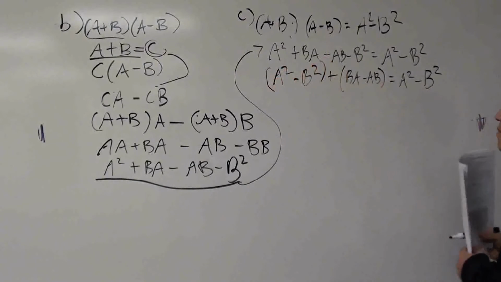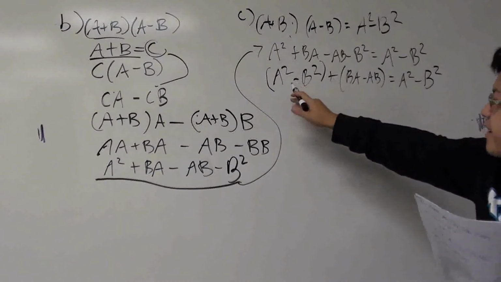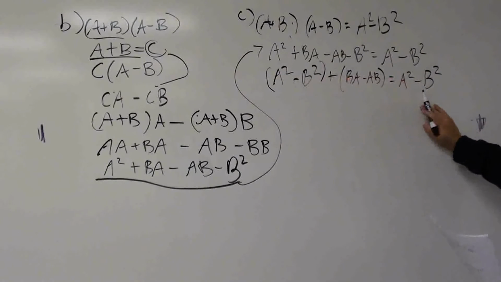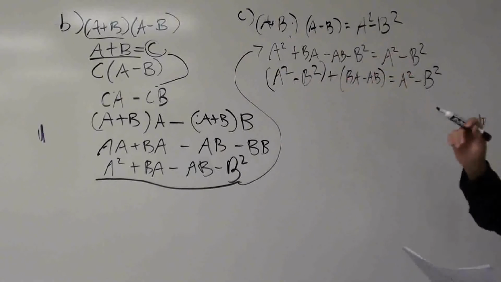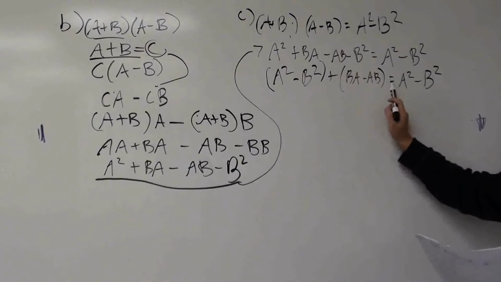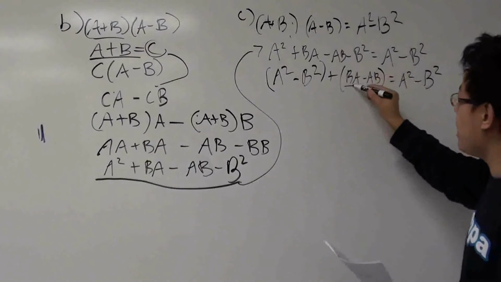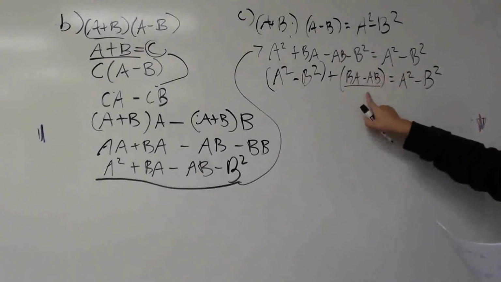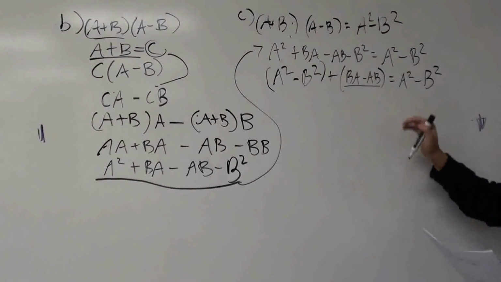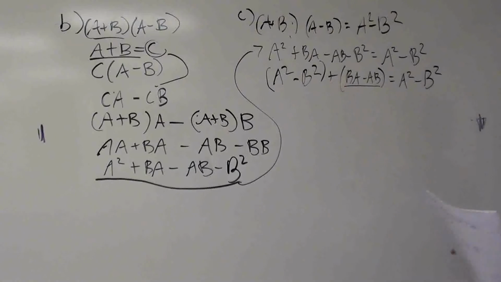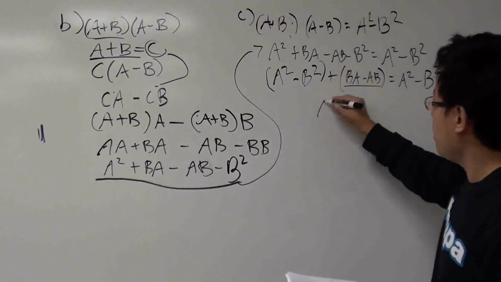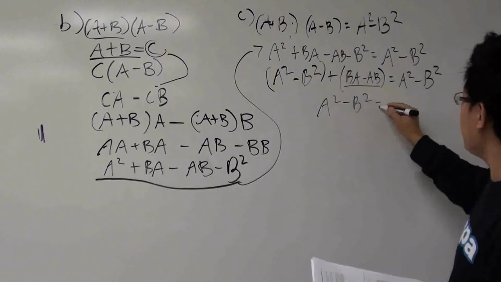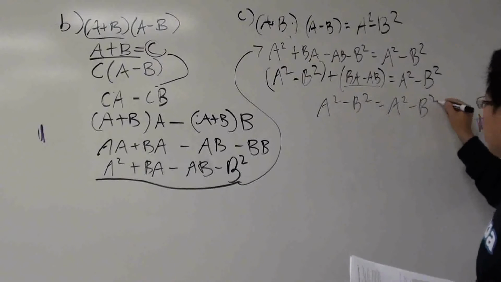This value and this value are exactly the same expression, which means the only thing getting in the way, the baggage that prevents this from being equal, is BA minus AB. So if I can somehow make that into 0, it has to be 0, because otherwise it's not canceling things out. So if that becomes 0, A squared minus B squared equals A squared minus B squared.